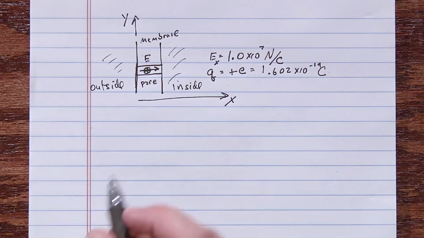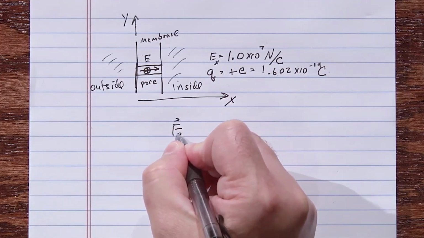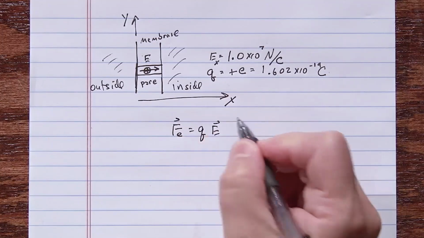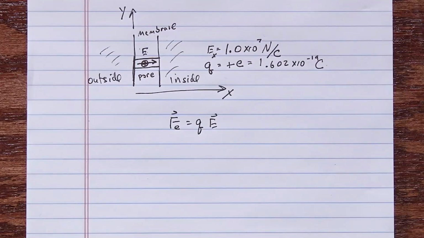So our equation for electric force is force vector electric is equal to Q times the electric field vector. And the component that we're interested in is the x component.